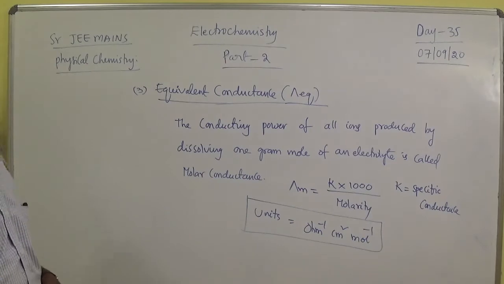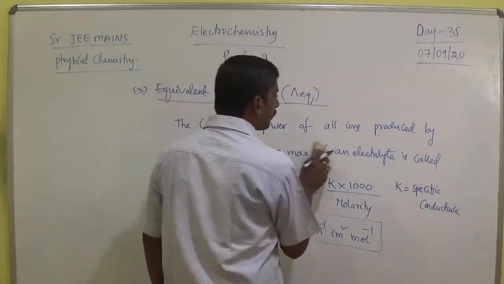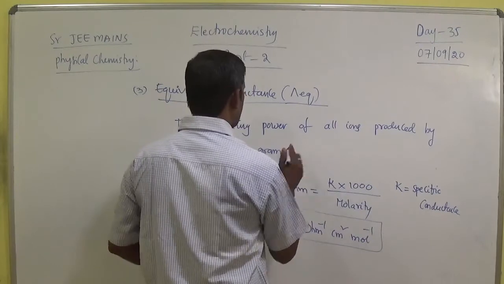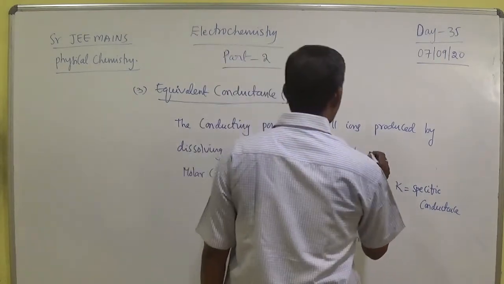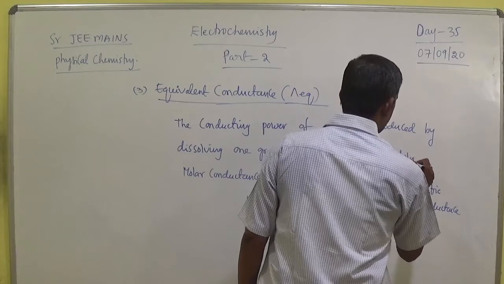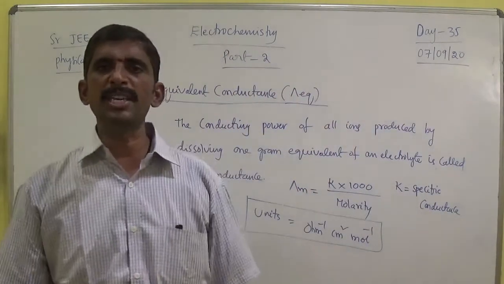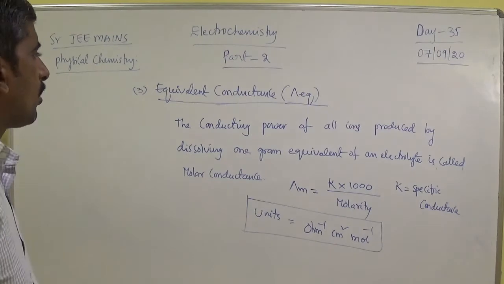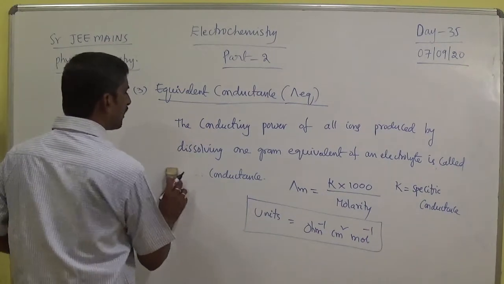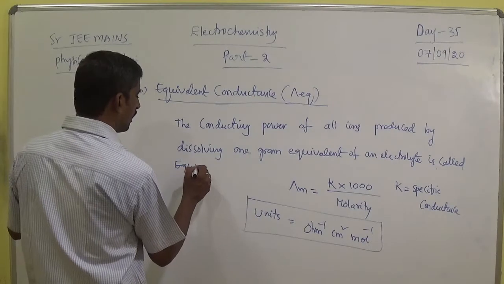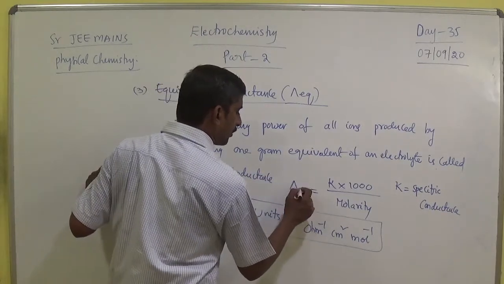The conducting power of all the ions produced by dissolving 1 gram equivalent of an electrolyte is called equivalent conductance. Here, 1 gram mole becomes 1 gram equivalent. It is denoted by the symbol capital lambda EQ.